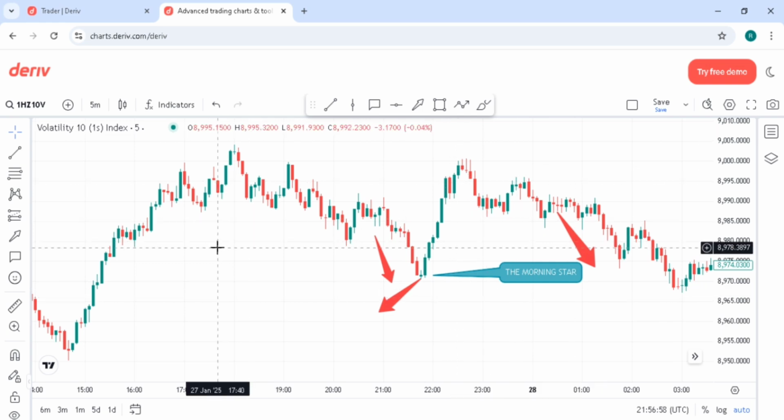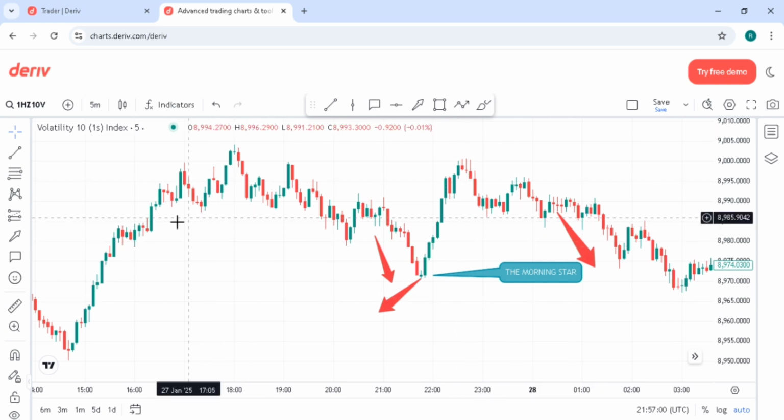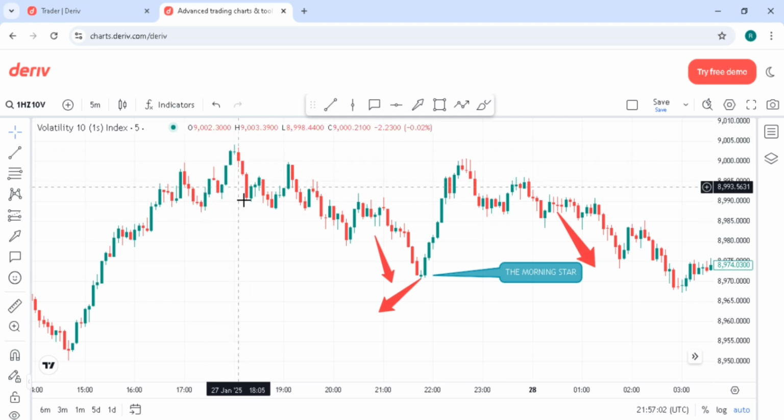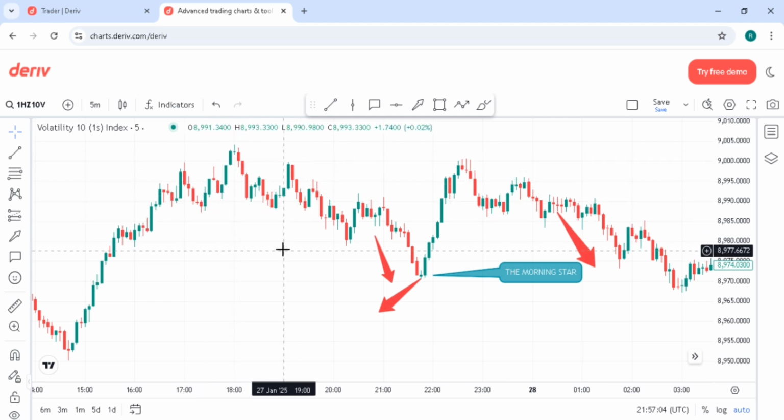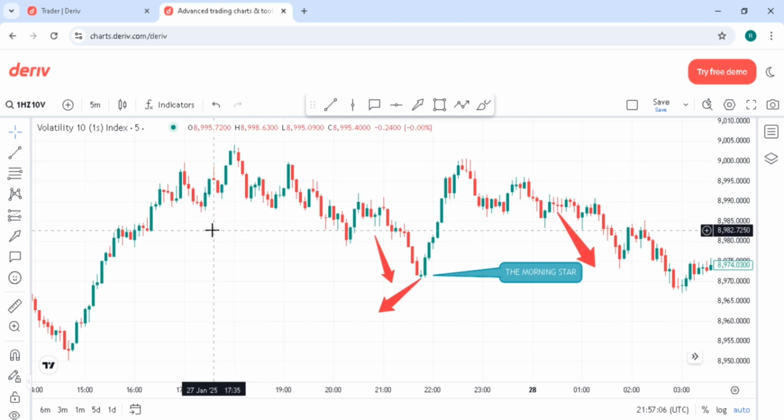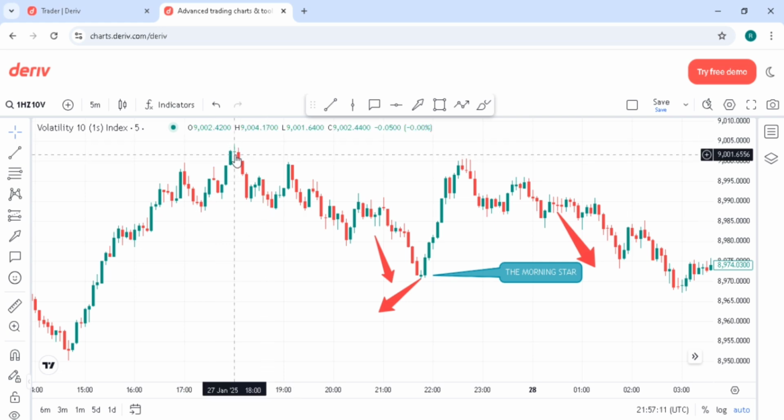Now a doji candlestick is a candlestick which has almost no body. It's a very small body. It's like a plus sign. A good example is this one. This one is a doji candlestick.